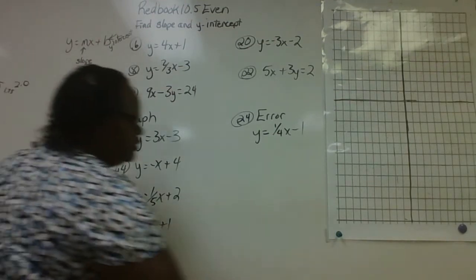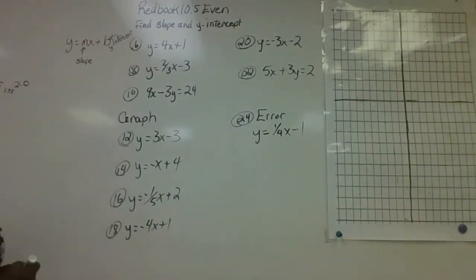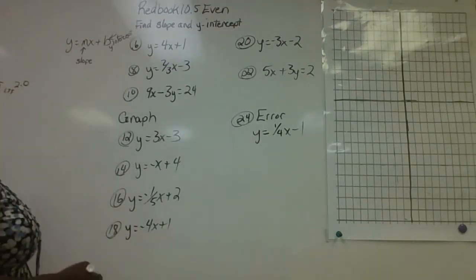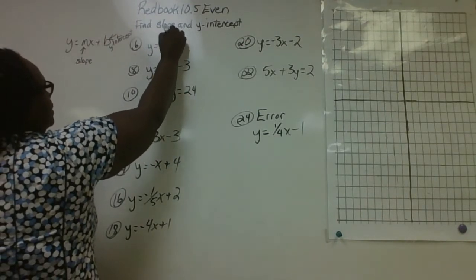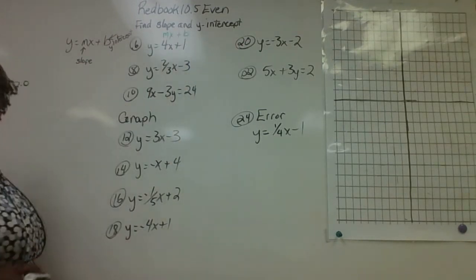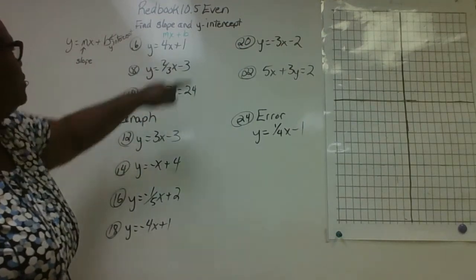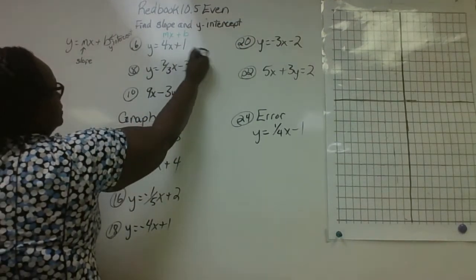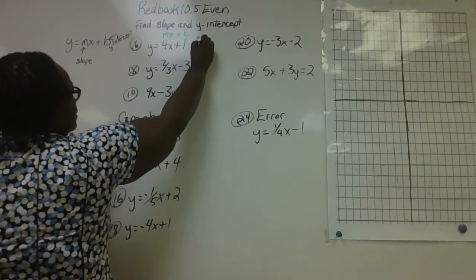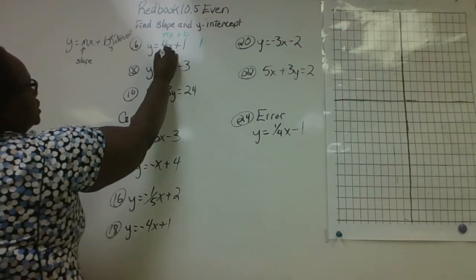Let's start off with our intercept. For number 6, our y-intercept, this is in the play. If we put our slope formula over top of this, we realize that our intercept is 1. Okay, and our slope is 4.